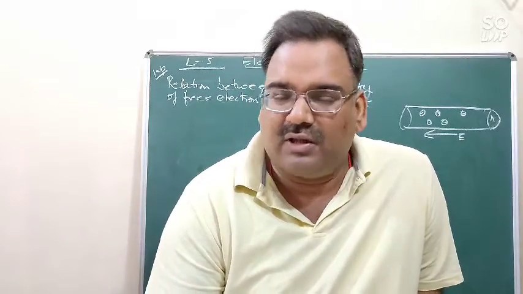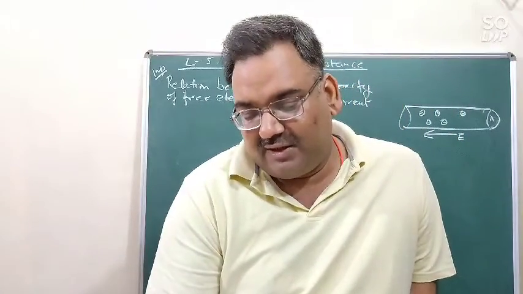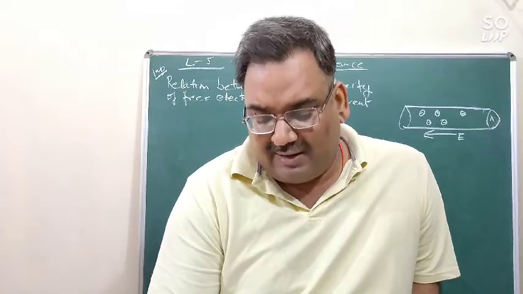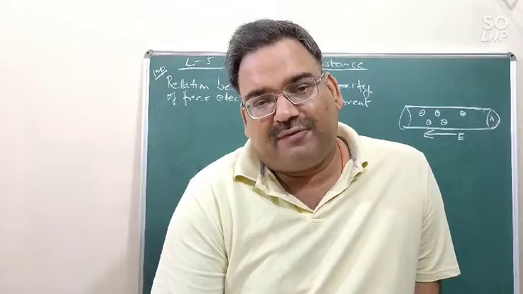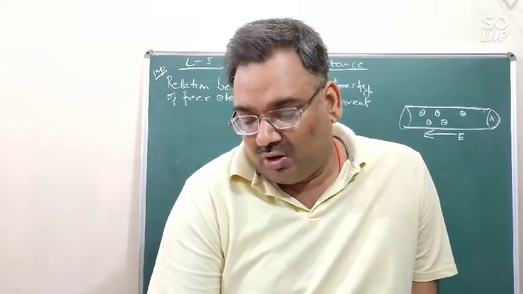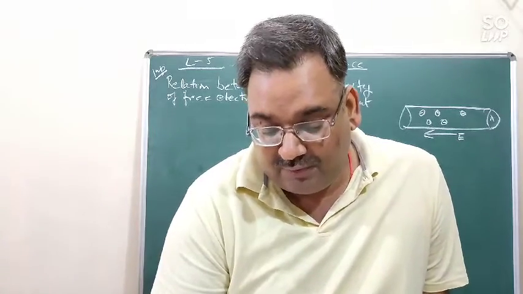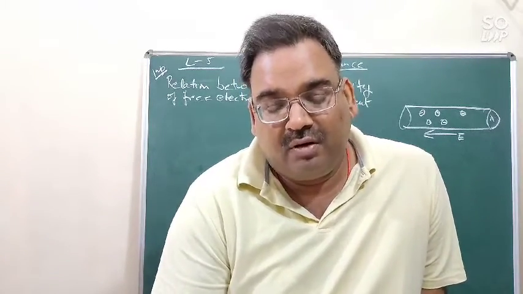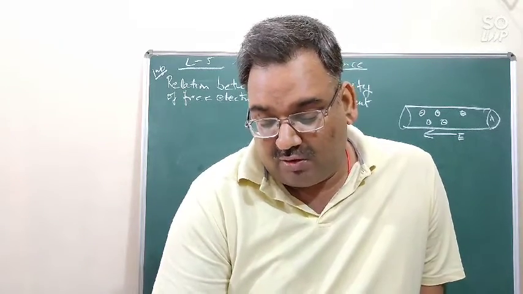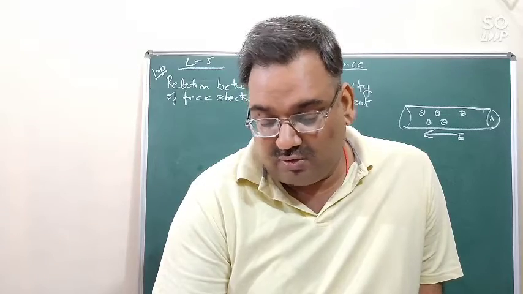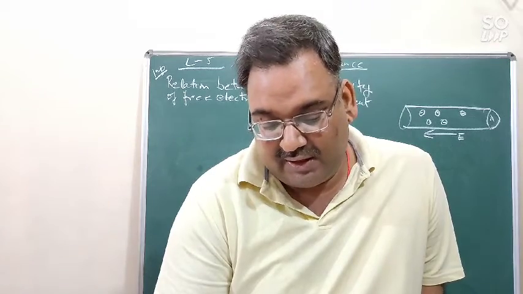So that is the formula for the current flowing through the wire across which an electric field E is being applied. Let us take the area of cross section of the wire equal to A, and the number of free electrons per unit volume of the wire be N. The number of electrons passing through the area of cross section of the wire will be N into A into VD.